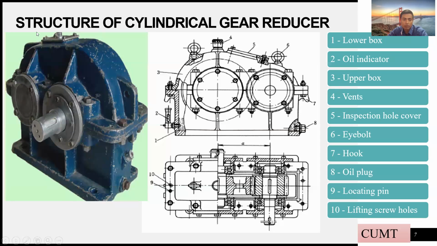Number 6 is the eye bolt, or lifting bolt. Number 7 is the hook. Number 8 is the opening plug, number 9 is the locating pin, and 10 is the lifting screw holes.